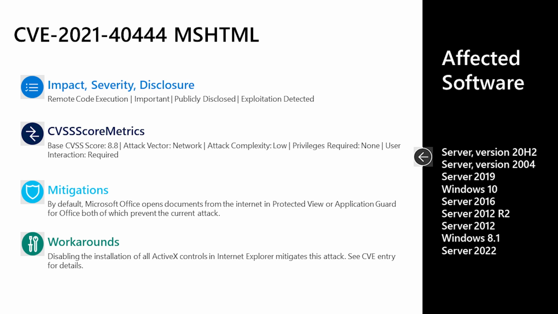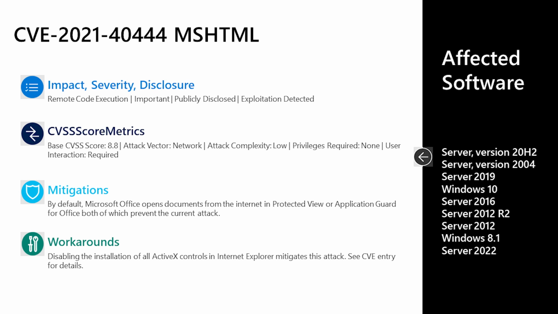With the September release, we now have updates to address this issue, so those mitigations and workarounds are no longer required. Now, if you want to keep them in place to further cripple Internet Explorer, which is going away, that's perfectly fine. Or if you need to undo those mitigations, that works as well.